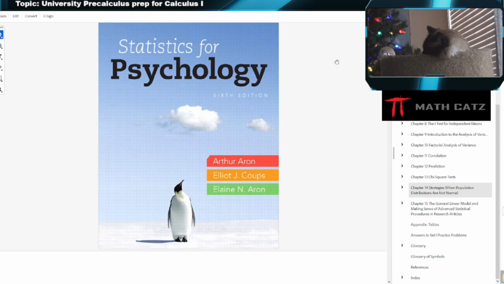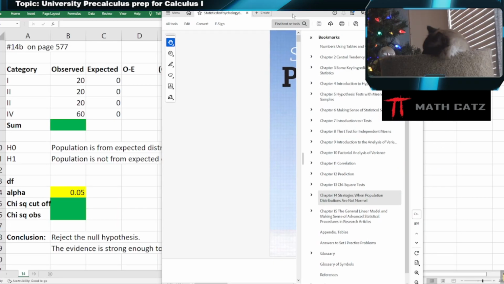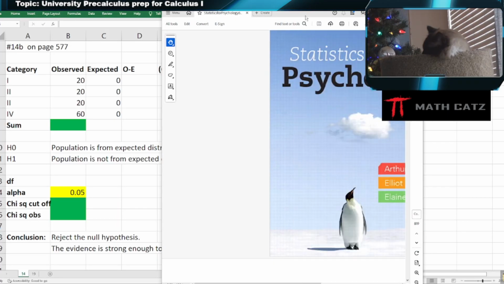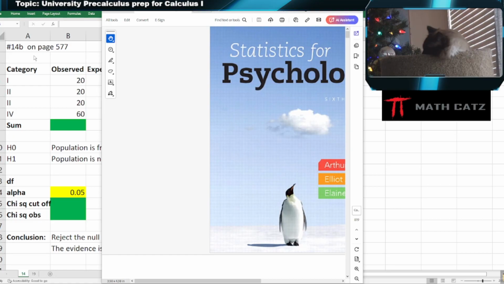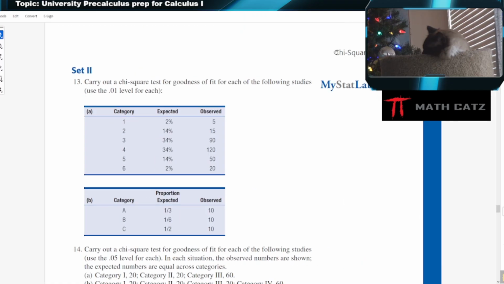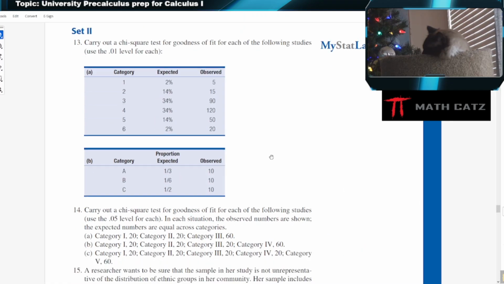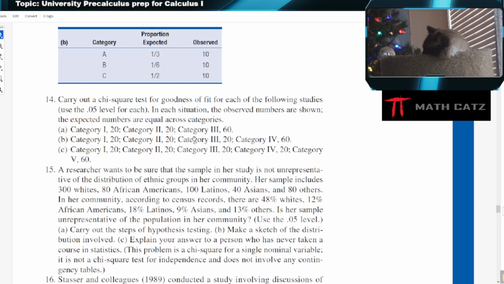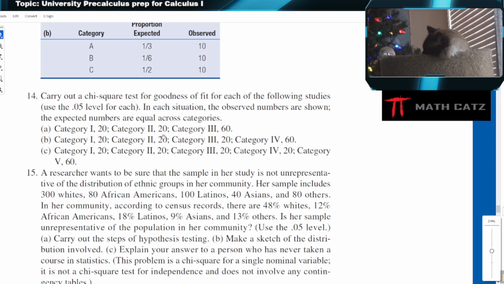And we're going to do our number on page 577, number 14B. So let's go to 577, 14B, and let's read that together. Let's make it nice and big.